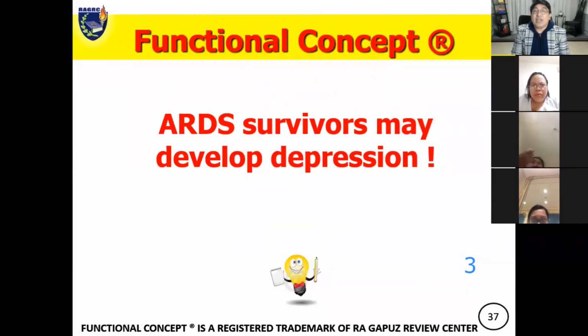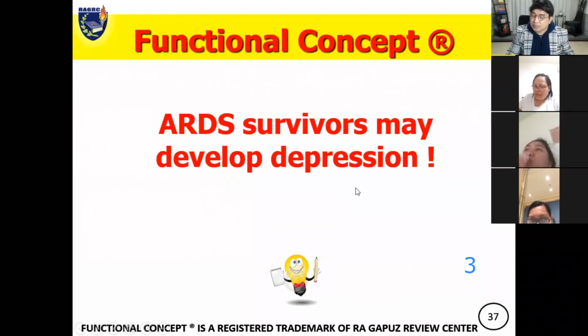ARDS survivors may develop depression. If these people eventually survive, because of the stress brought about by the breathing difficulty, they develop depression. So you have to keep watch of them. Eventually, depressed patients become suicidal.